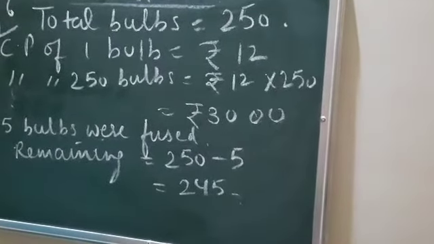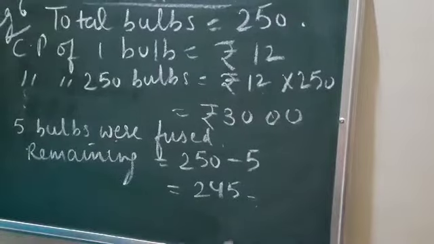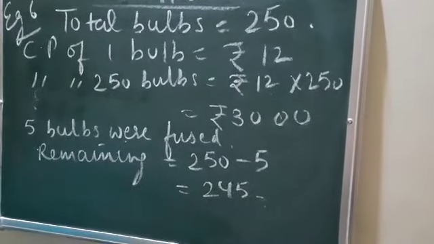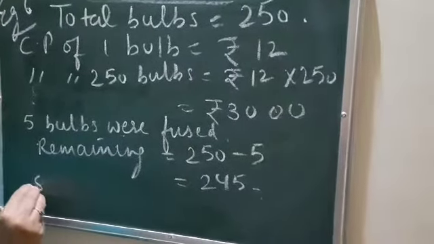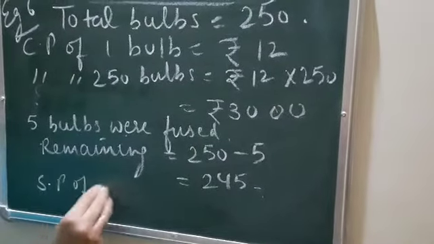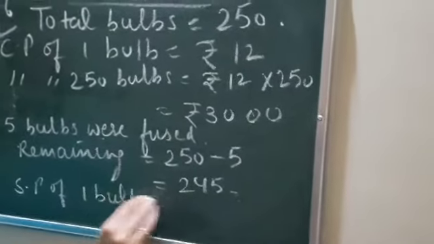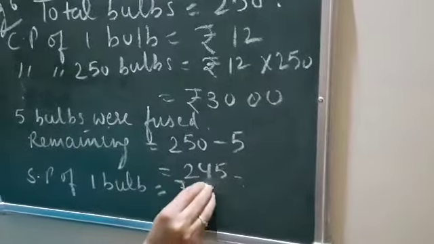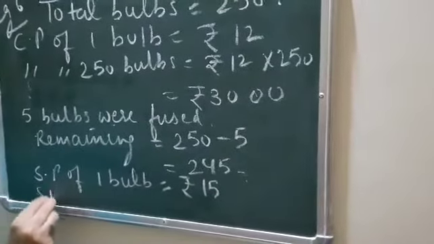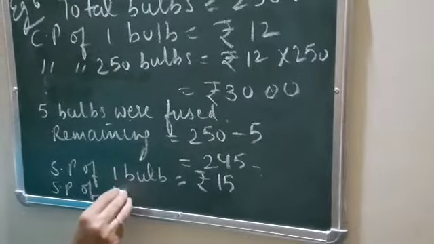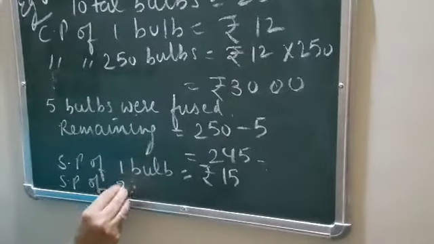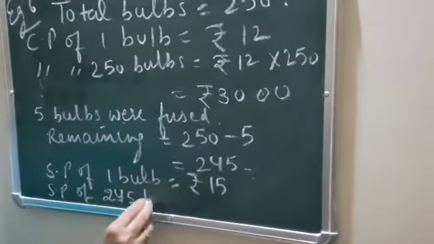After that it is given that the remaining bulbs, he sold them at rupees 15 each. So SP of one bulb is given to you. It is rupees 15. Now you can find the SP of the bulbs he has to sell, that is 245 bulbs.